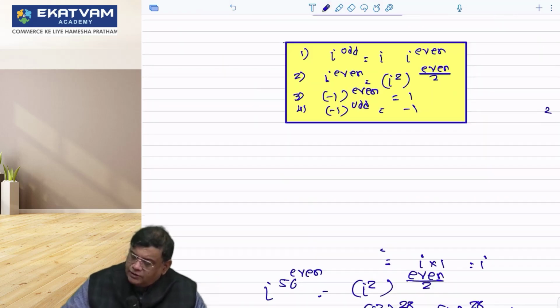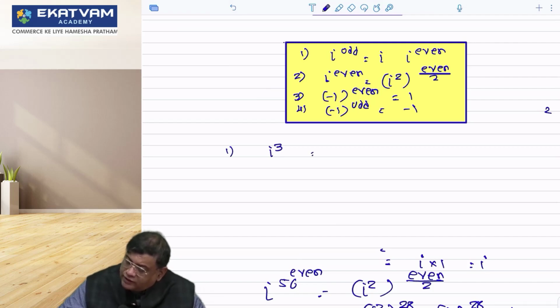For example, if you want i cube, tell me how should I write? 3 is odd, isn't it? So it is i into i square.